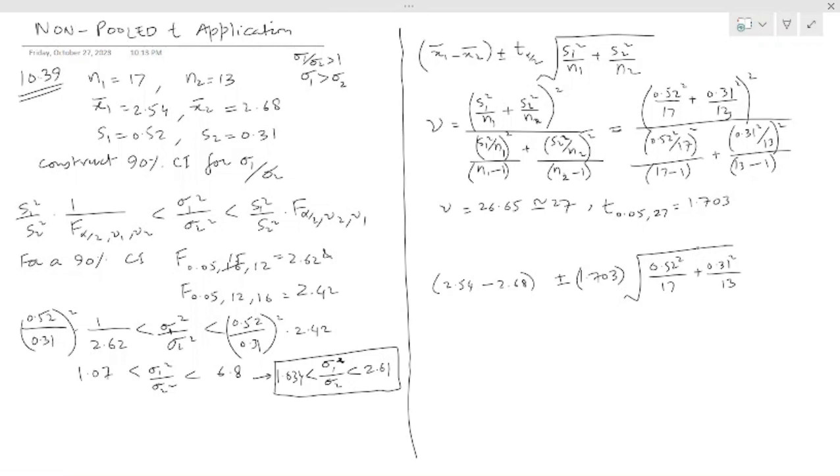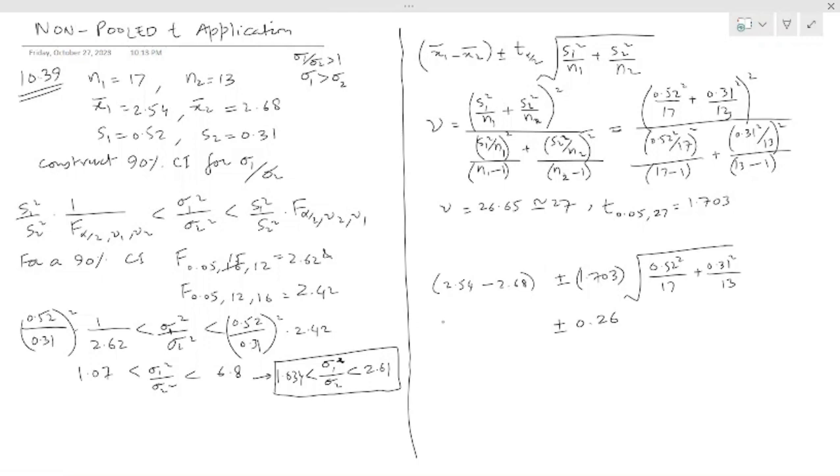That's 0.52 squared divided by 17 plus 0.31 squared divided by 13, then the square root of the answer, then multiply this by 1.703, which gives us 0.2599, that we can round off to 0.26.